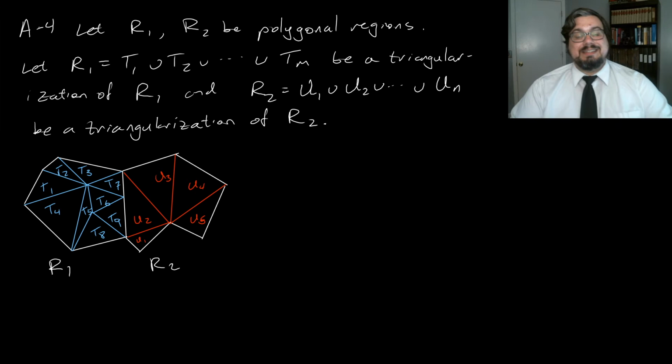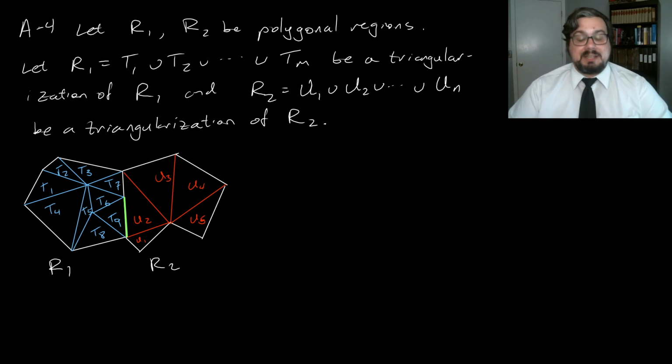The reason for that is that the triangles T9 and U2 do not intersect in a shared edge or vertex. The intersection of T9 and U2 is this segment that I've got in yellow, which doesn't really show up. Let me make that clearer. This green segment is the intersection of T9 and U2. And while that is an edge of T9, it's not an edge of U2.